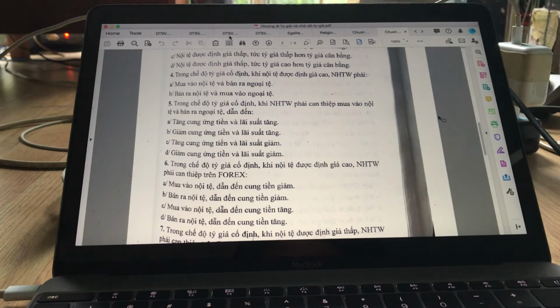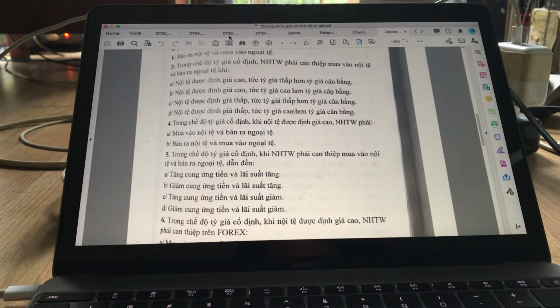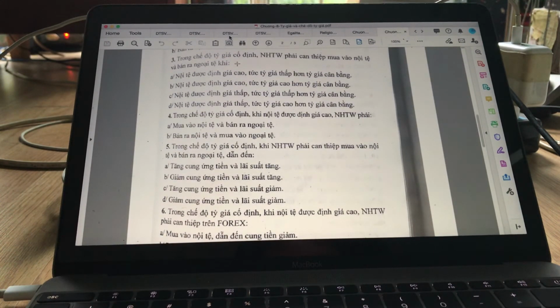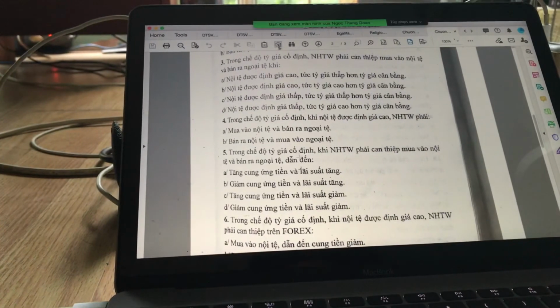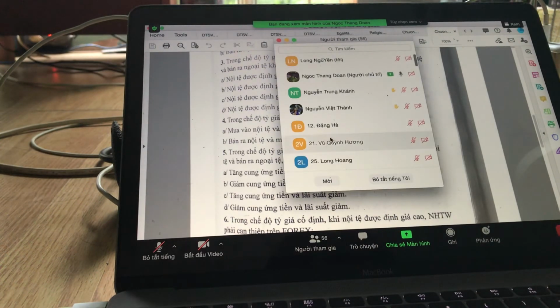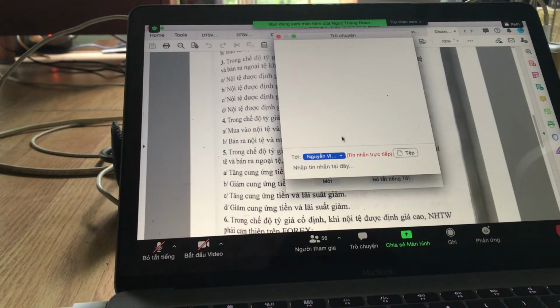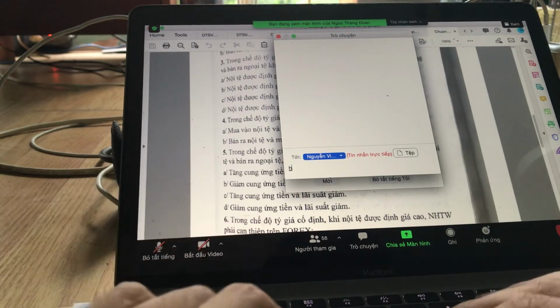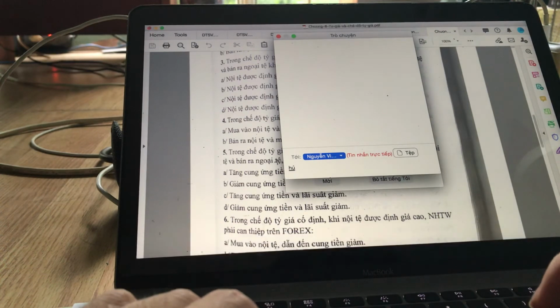Okay. So for this case, you can see the scenario of question 3 and 5 is similar, right? The central bank sells the foreign currency, right?